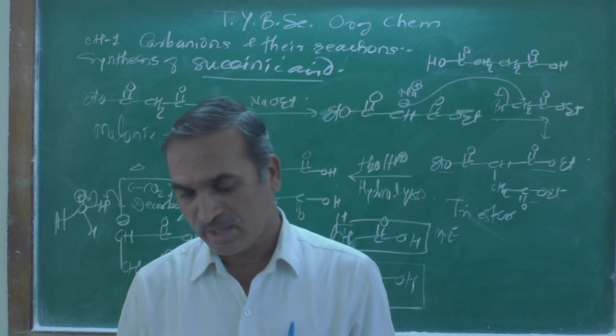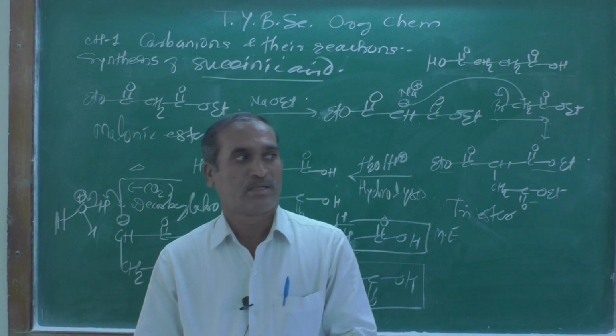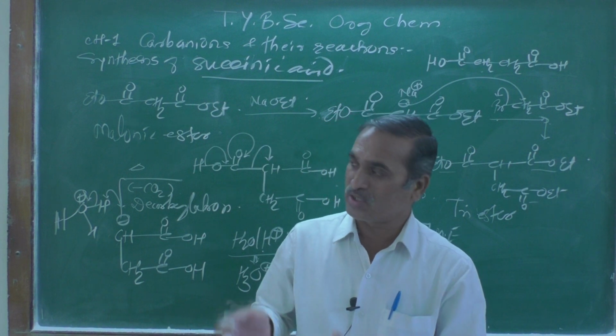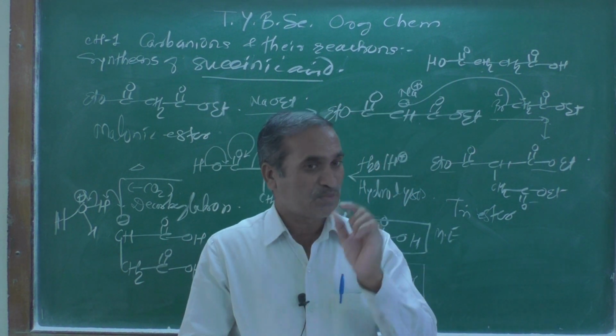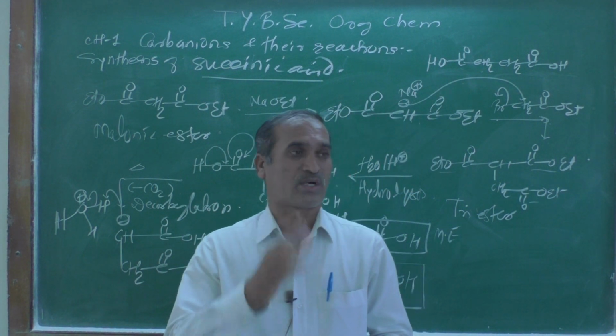In the next lecture we are going to consider the next synthetic reagent. Why are they called synthetic reagents? Because they have one special group called the reactive methylene group, CH2, as in acetoacetic ester.